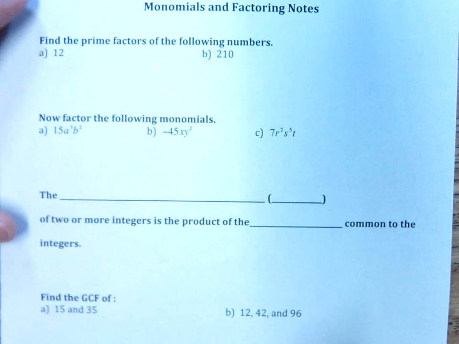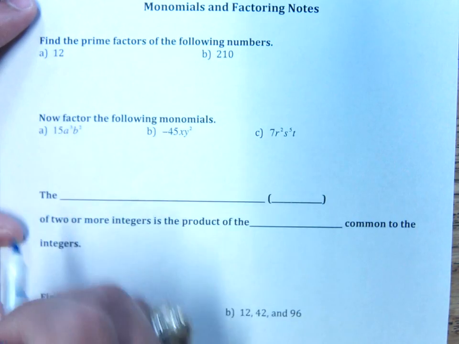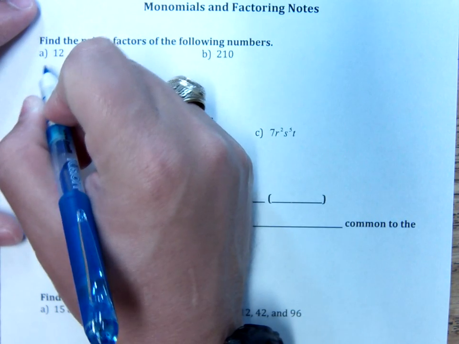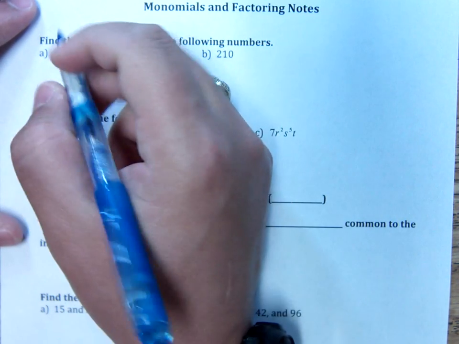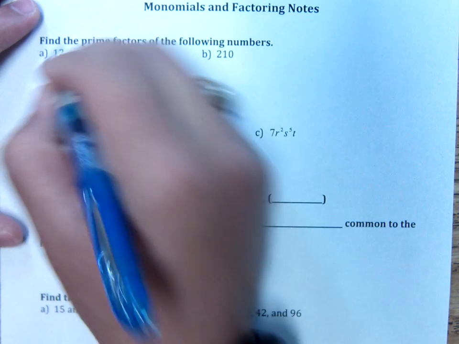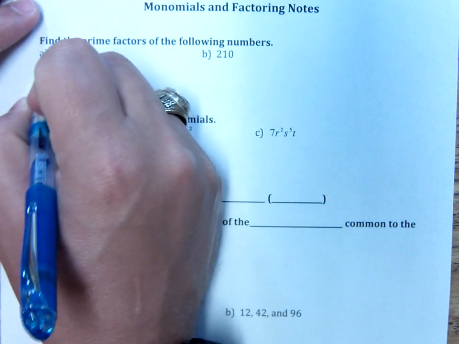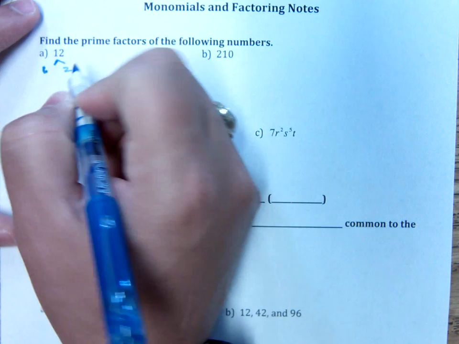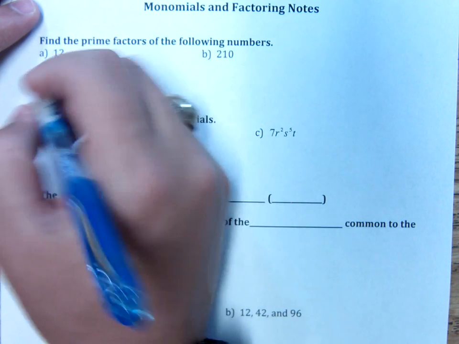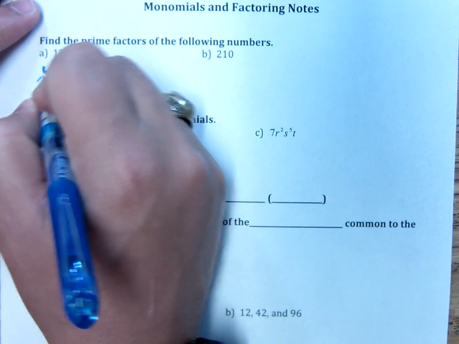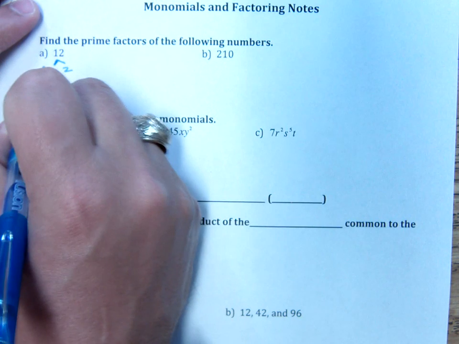So let's go ahead and we'll do our first tree. Now this is just a very small introduction. This is not a lot of what we're going to be doing the whole time. So factors of 12, you could do it a couple ways. Well, the first ones most people think of are 6 and 2. Okay. Well, what are factors of 6? Factors of 6 are 3 and 2.